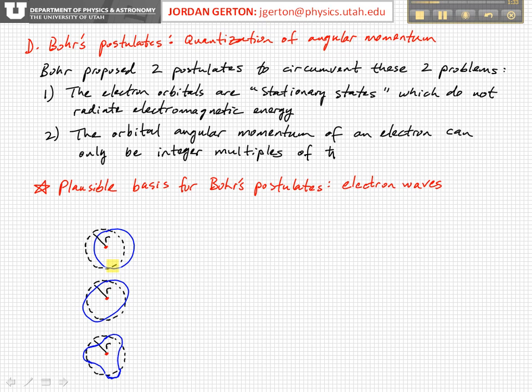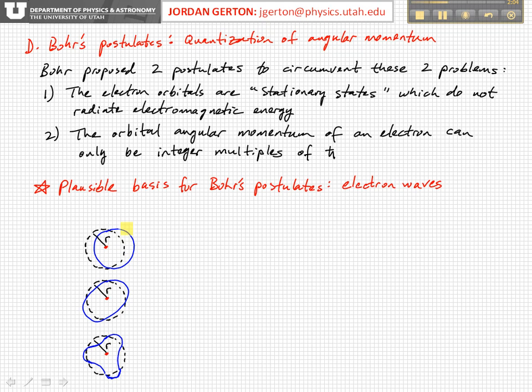But now we can think of the electron as being some sort of wave, and if we say that the wave is confined to this classic circular orbital trajectory, then we can see that the wave has to take on different shapes.